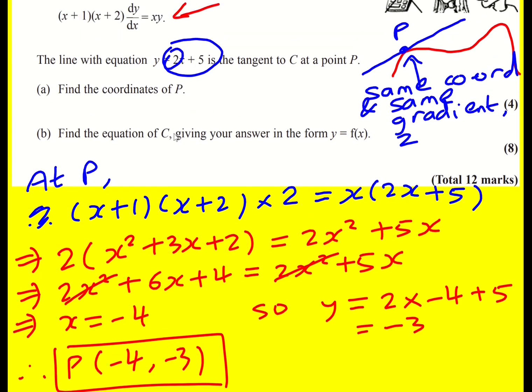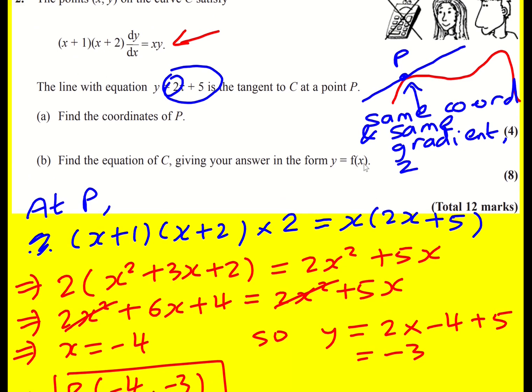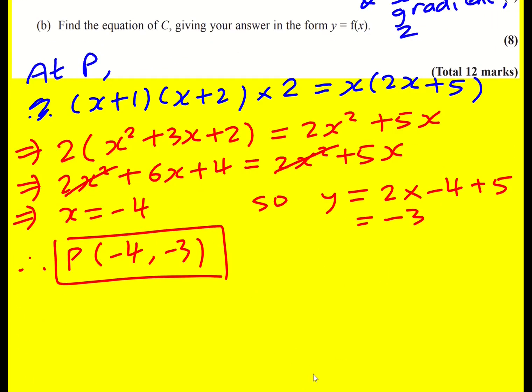We're asked to find the equation of C given our answer in the form y equals f of x. So here's our equation. It's a differential equation. We're going to need to use separation of variables, basically get the y's onto the left-hand side and the x's all onto the right-hand side, because then we can integrate.